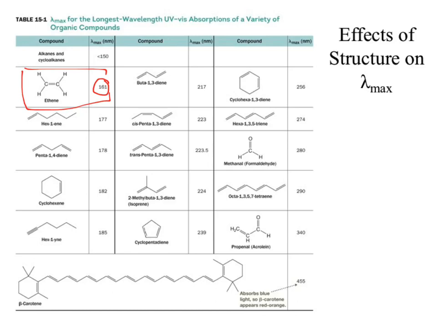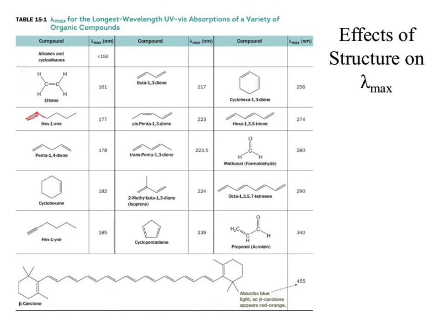Two double bonds. I should see a difference here, right? What happened to the number? That's not much of a difference. Why is there not much of a difference there? Kind of has to do with symmetry. Have we changed the energy of the pi bond? When we move from hex-1-ene to penta-1,4-diene, has the energy of an individual pi bond changed?